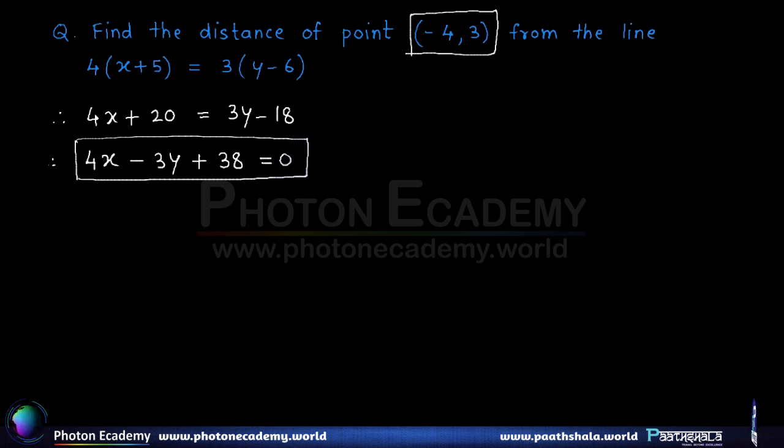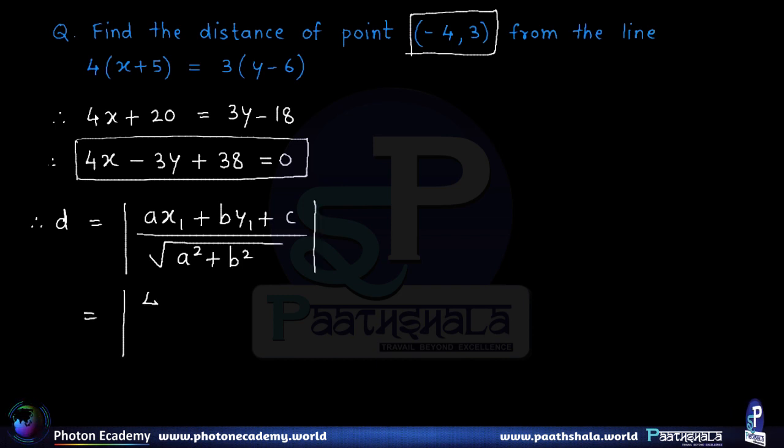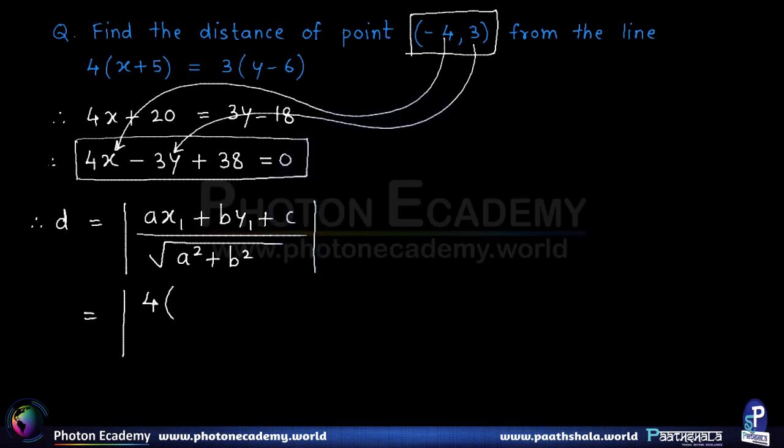So therefore let us write the formula for the distance of a point, that is mod of ax1 plus by1 plus c whole divided by root of a square plus b square. So therefore substituting the values, we have 4 into bracket, you see where you have x you put minus 4 and where you have y you put 3.